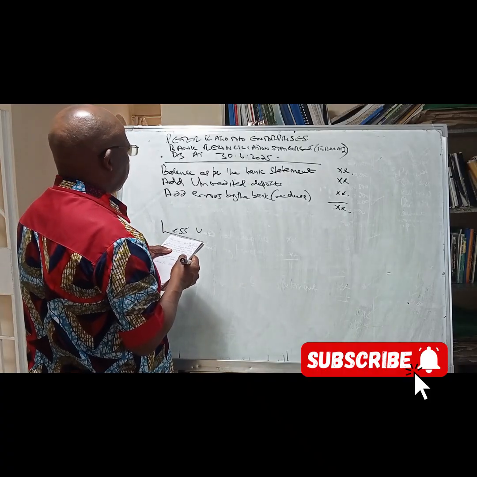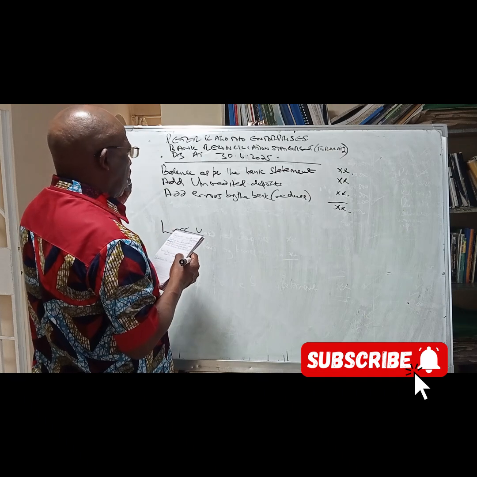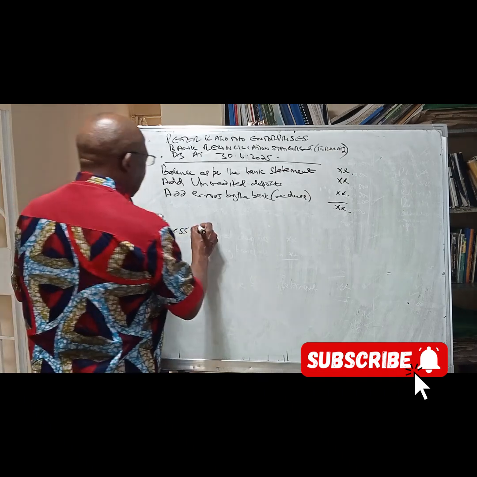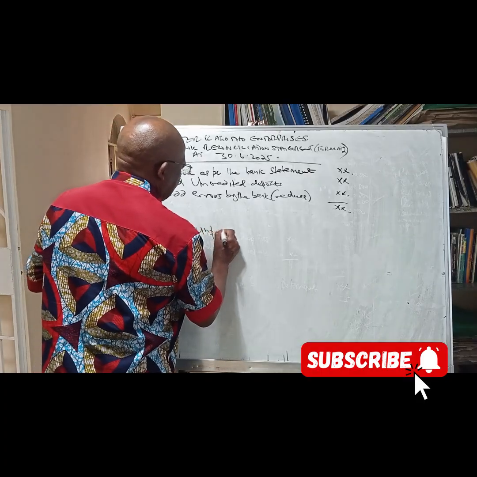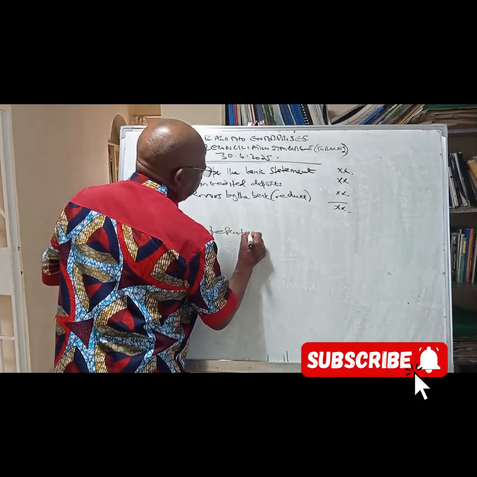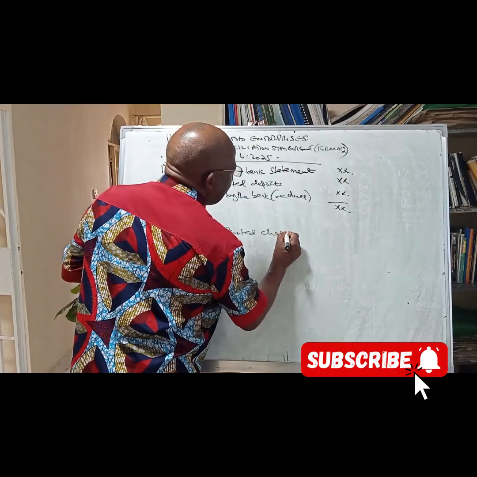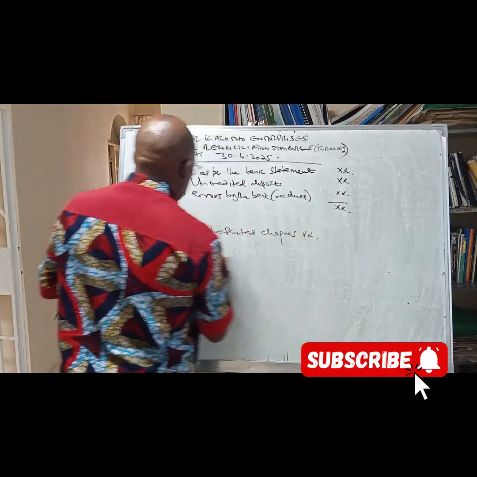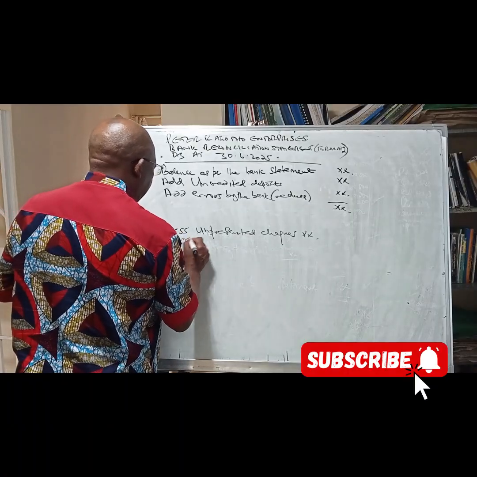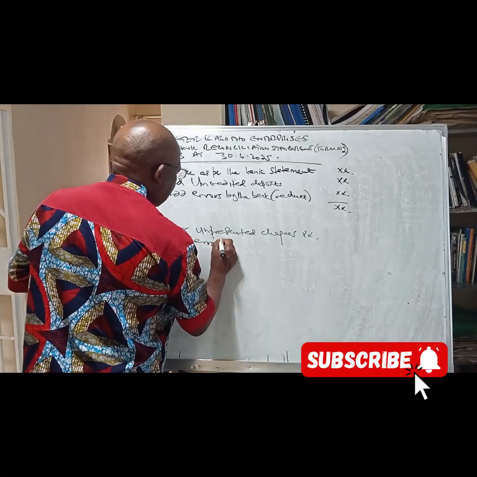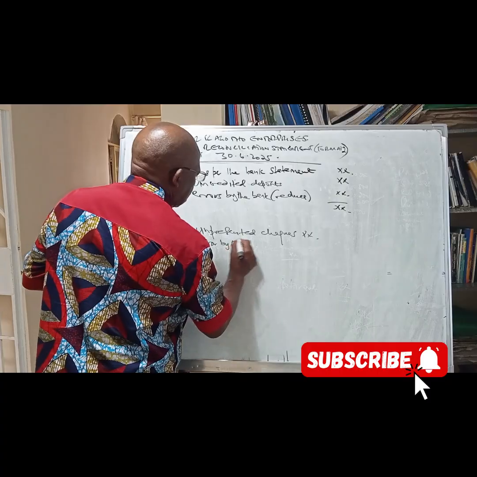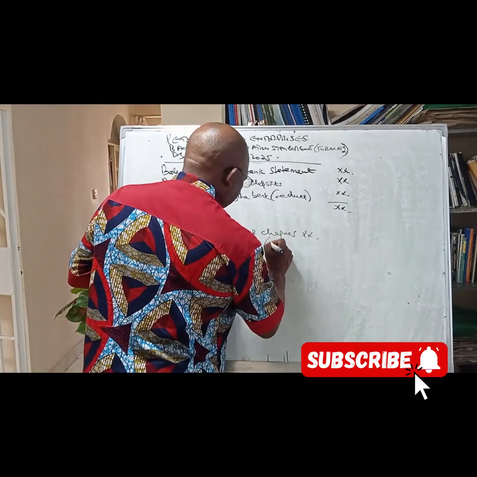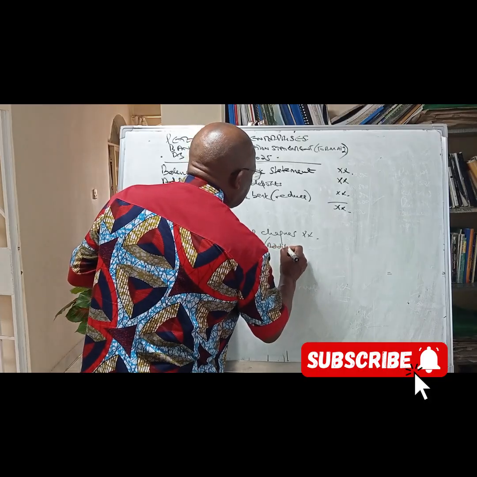Uncredited deposits, we add. Yes, we less unpresented checks. We are changing the bank balance with whatever we have done. And we also less errors by the bank. Whatever we have added, we subtract.